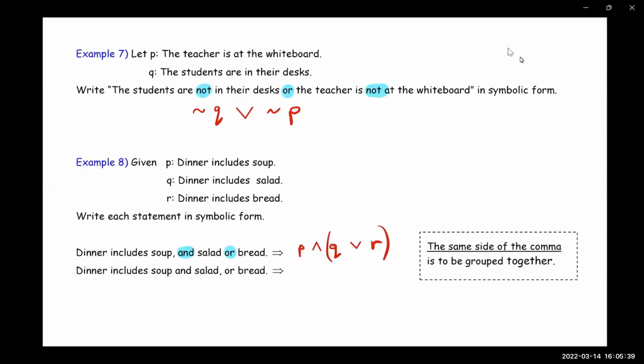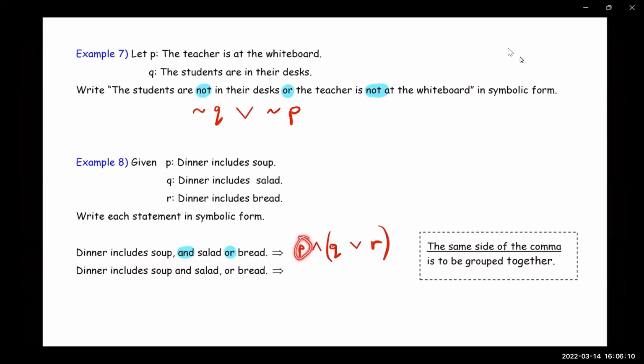So when they're together, you put parentheses. The comma will separate the things that should be in parentheses. On the left side, the soup is by itself, but on the right side, you have salad or bread. So these two have to be grouped, because you can get soup and salad, or soup and bread. You can either get these two, or this and this.